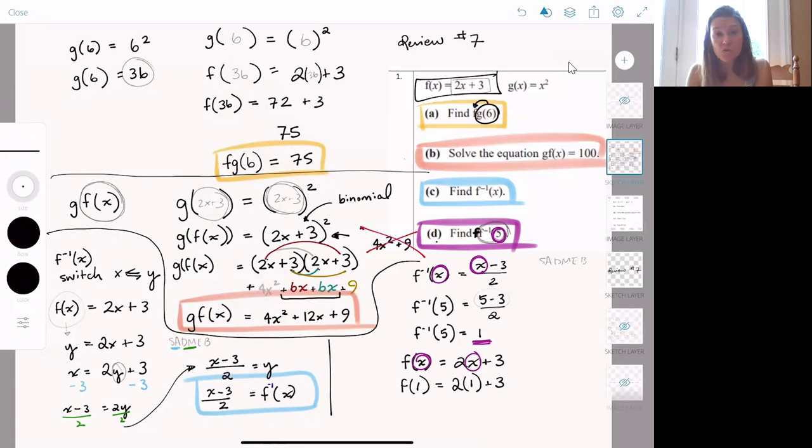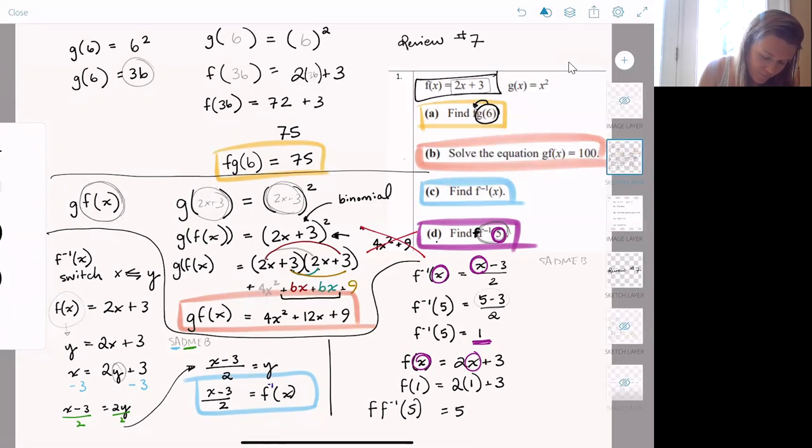Two times 1 is 2, plus 3 is 5. So our answer to the function is 5.